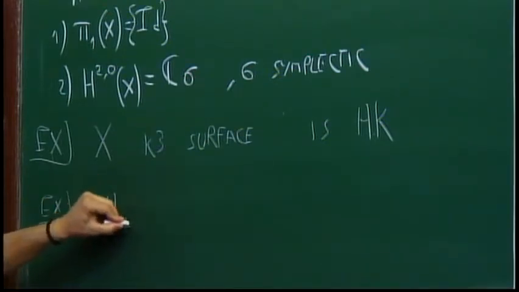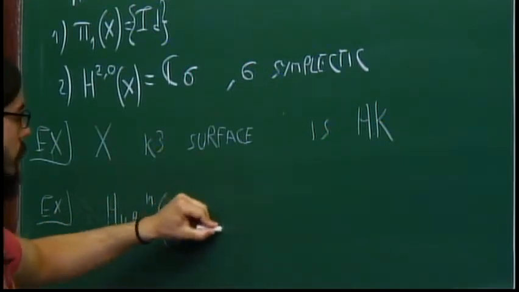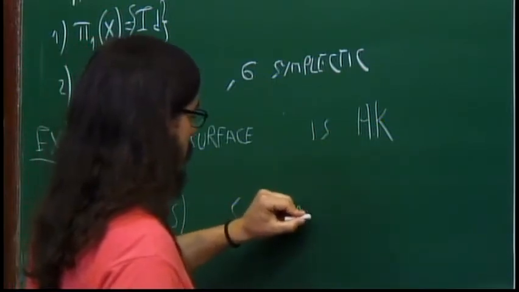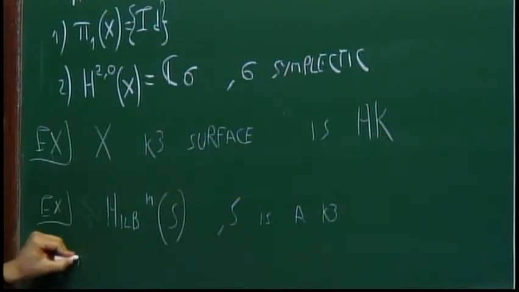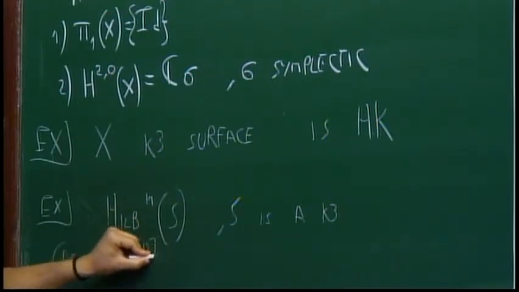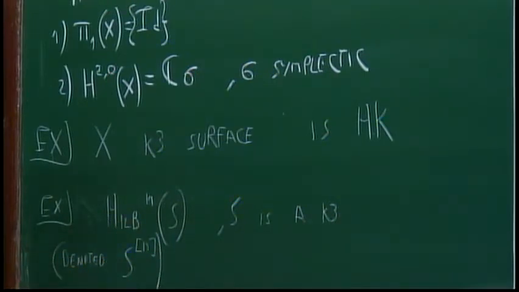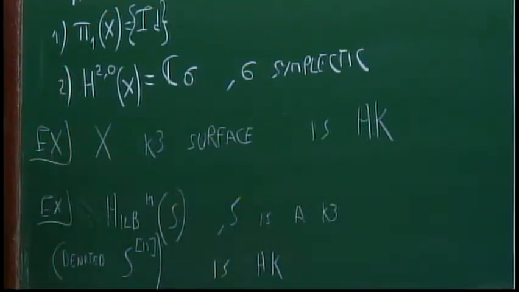So we take the Hilbert scheme of S, where S is a K3, and we usually denote it also as S^[n]. This manifold is hyperkähler, so it is simply connected, and it inherits a 2-0 form from the K3 surface.